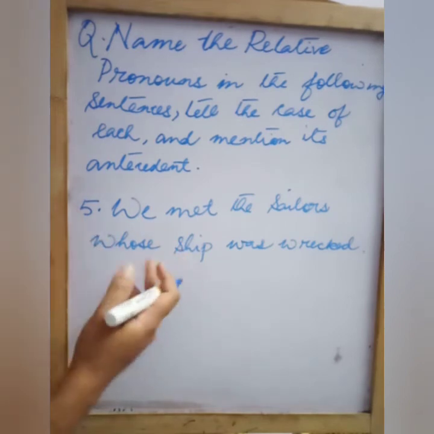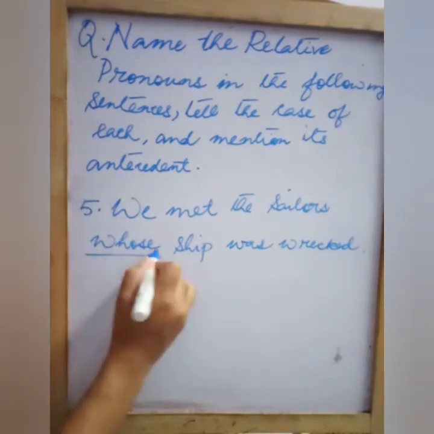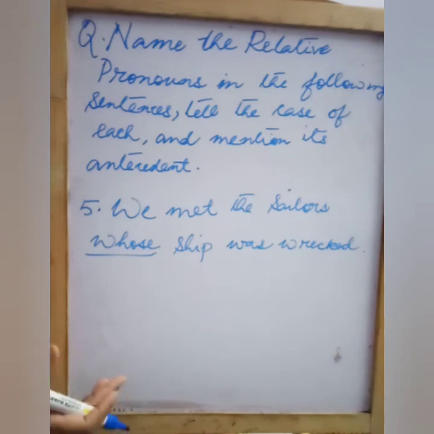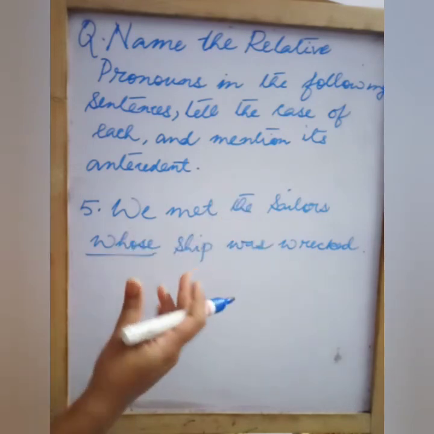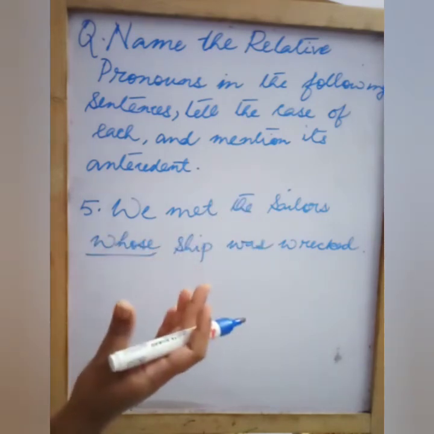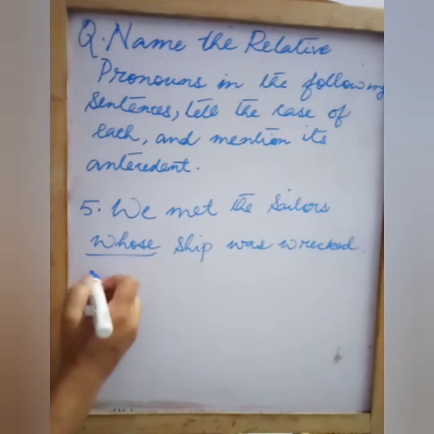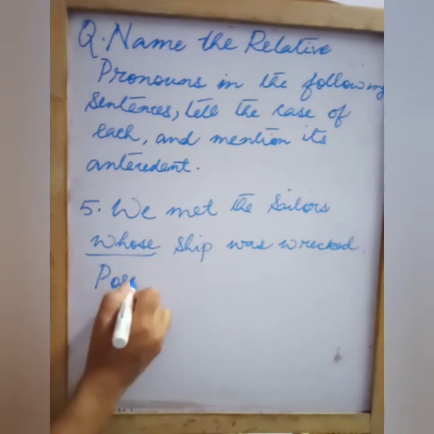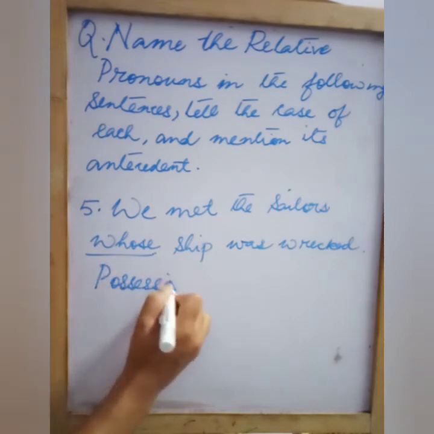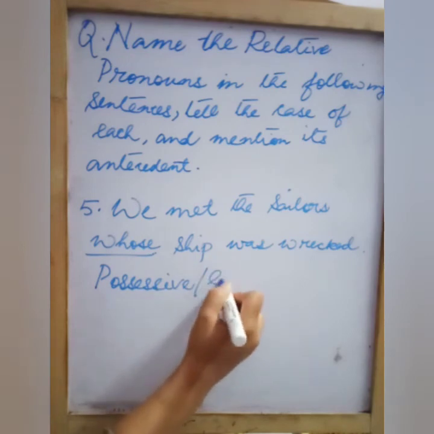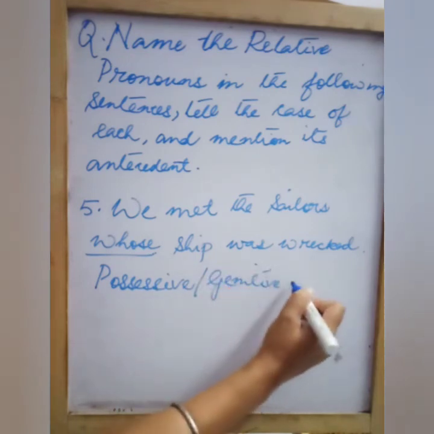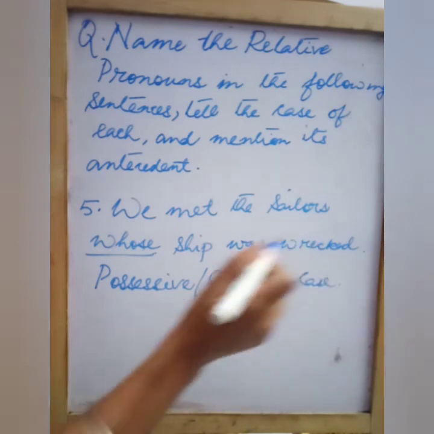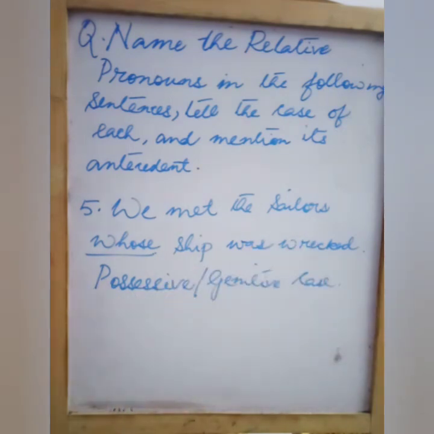This is again very simple. See, whose, it is the possessive case, isn't it? Genitive or possessive case, because we are saying whose ship, the sailors' ship. If we answer whose, the answer will be the sailors, isn't it? So possessive or genitive case.